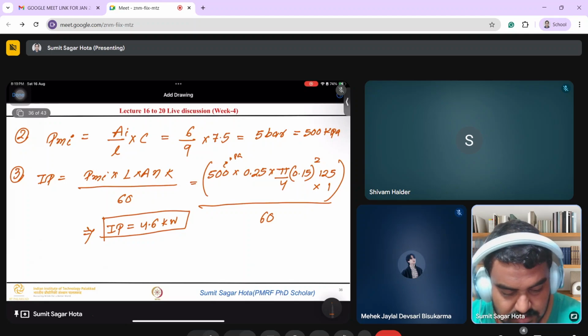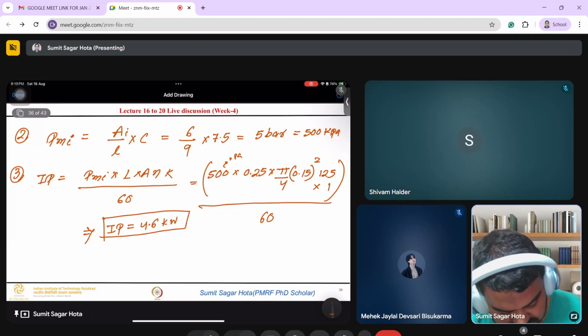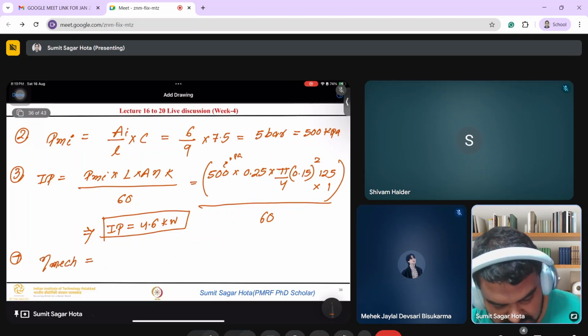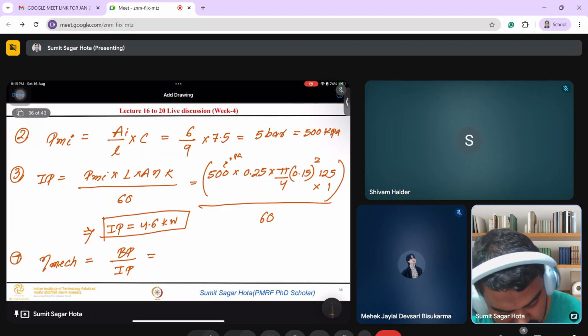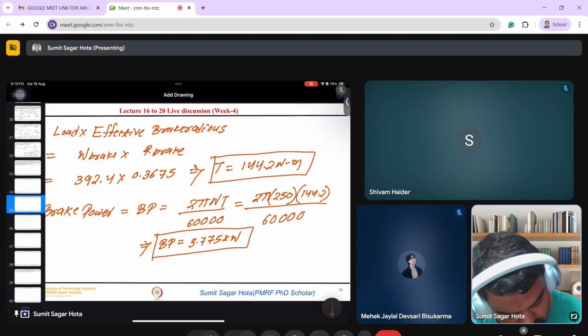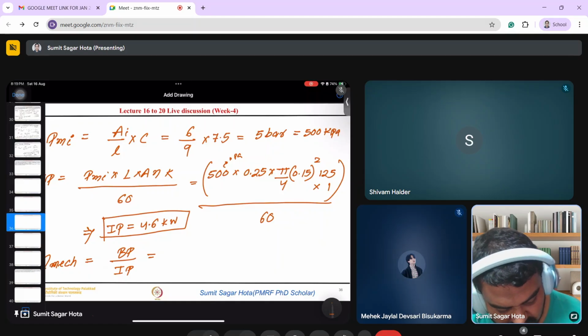Next we find the mechanical efficiency. Mechanical efficiency is always defined as brake power by indicated power. Brake power is 3.775 kilowatt, indicated power we found 4.6 kilowatt.